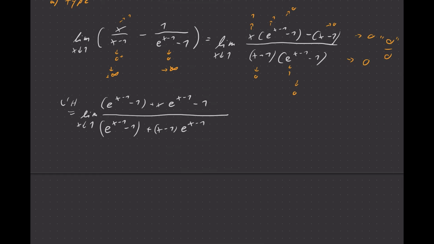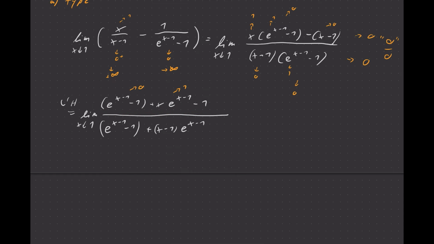And what happens? Well, as you can see, again, this whole expression here tends to 0. E to the power of 0 is 1. X tends to 1, so this factor here tends to 1. And that means 0 plus 1 minus 1.